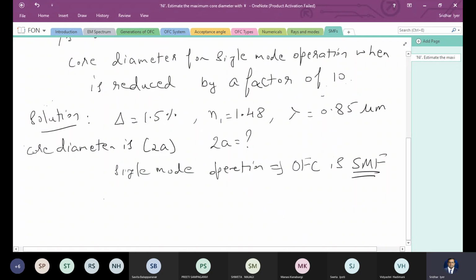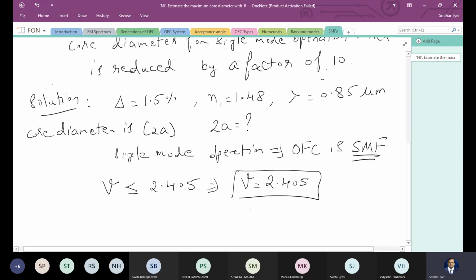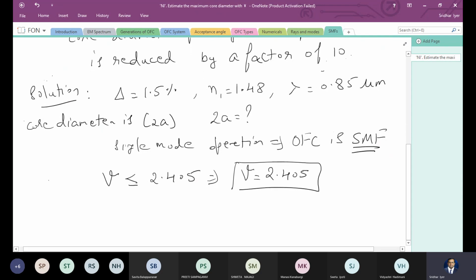And once we understand that, we know that V is less than or equal to 2.405. For convenience, we'll take V as 2.405. So we get the value of V through the fact that it is single mode operation and the fiber is single mode fiber.